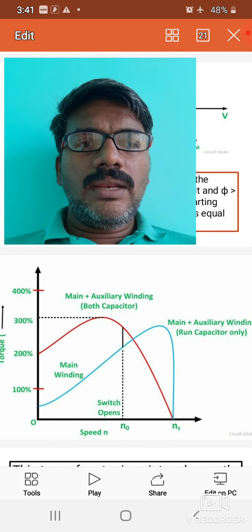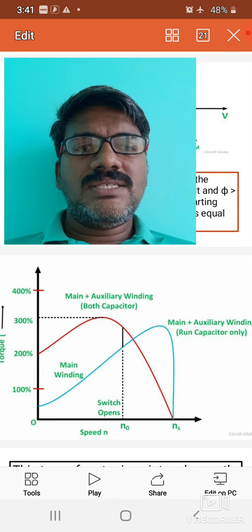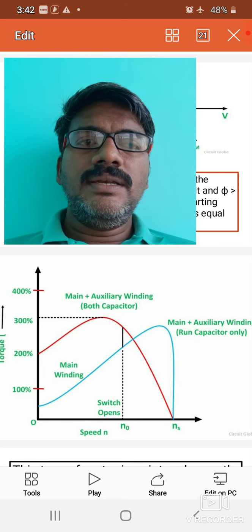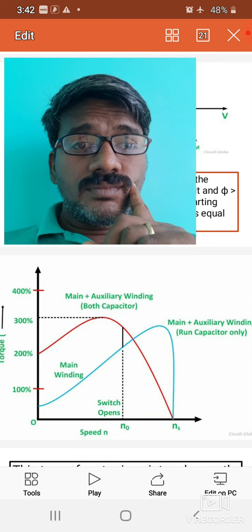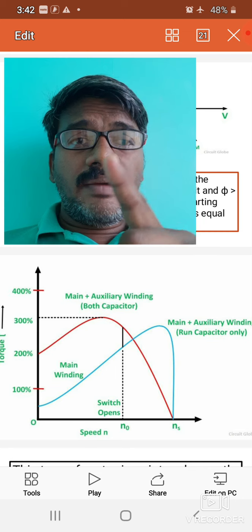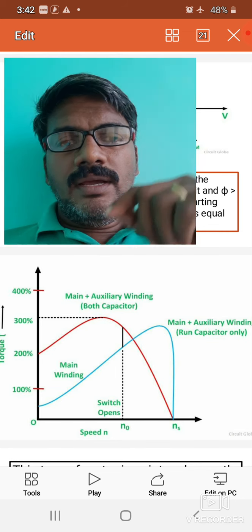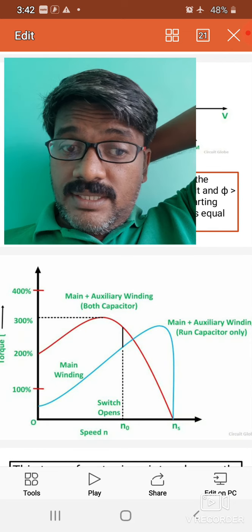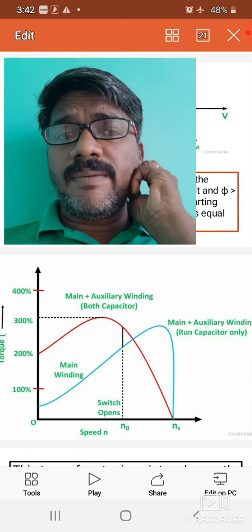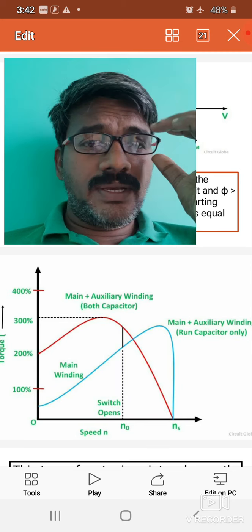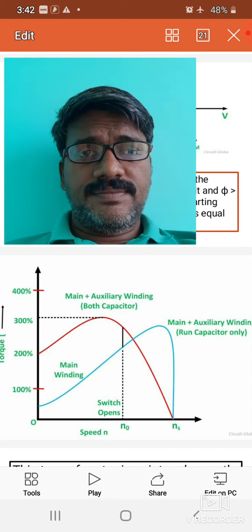The blue graph shows the main and auxiliary winding and run capacitor only, that means the starting capacitor is disconnected. The red graph shows the main and auxiliary winding with both capacitors connected.